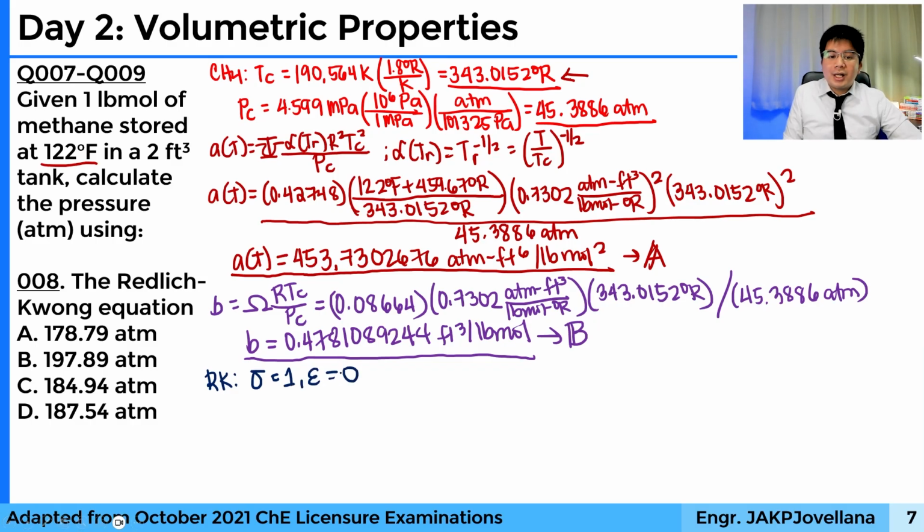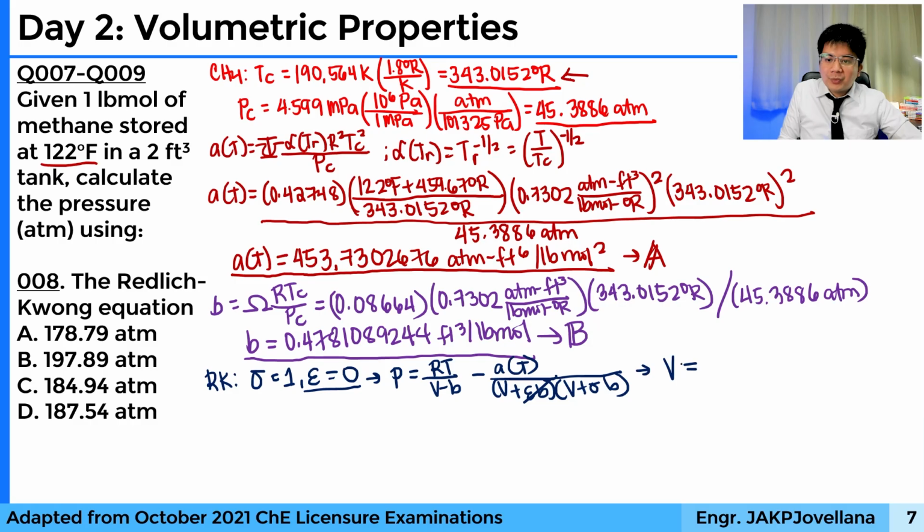So recall that our general cubic equation of state is P equal to RT over V minus B, minus A of T all over quantity V plus epsilon B times V plus sigma B. So from the value of epsilon equal to 0, this group here will be cancelled. In this equation, the units of our volume V is in terms of feet cube per pound mole of gas.